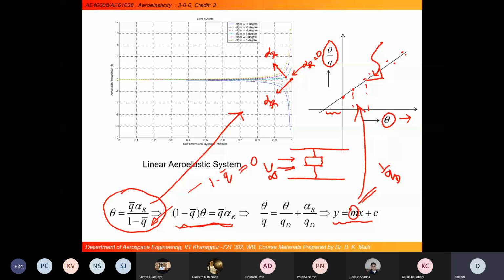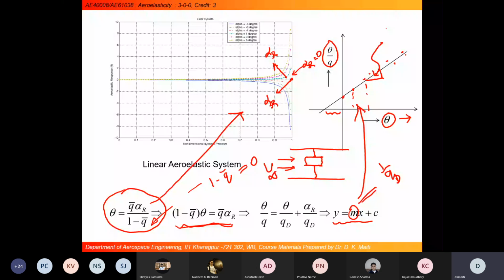This is typically what we get from the Southwell plot, where you do the experiment on a column and give a compressive load P, and for different values of P we get the deflection.